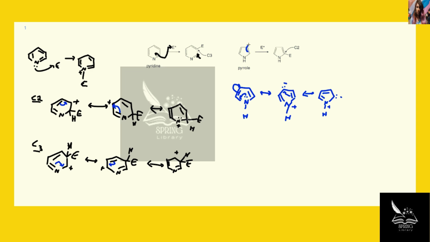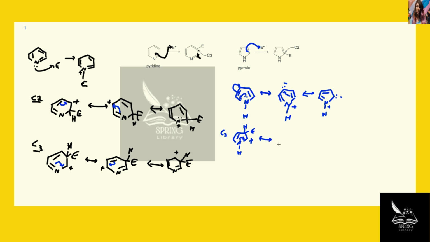If attack goes through this carbon, picking up this electrophile, then we can use nitrogen's lone pair electrons to make a pi bond here.